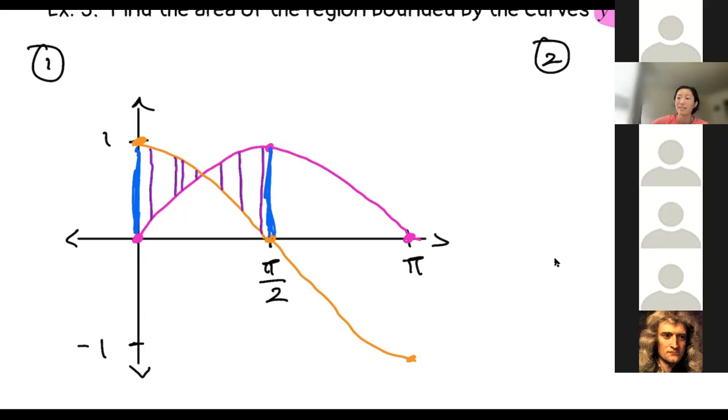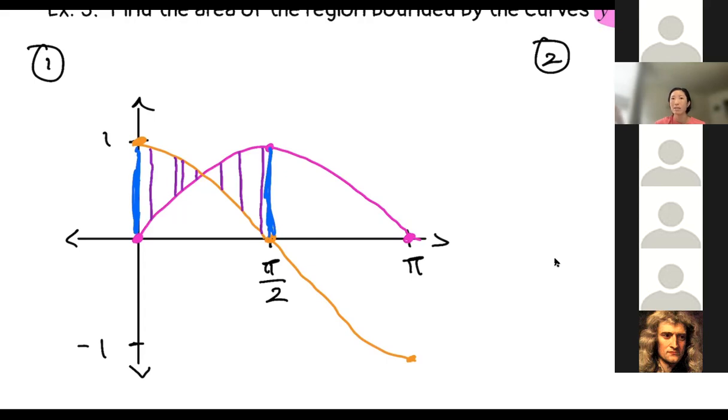Do the second set of rectangles that I drew have the same top and bottom functions as the first set? No. All right, so this is one of the common plot twists, right? We have rectangles that are all perpendicular to the x-axis, so we know that we're integrating with respect to x.